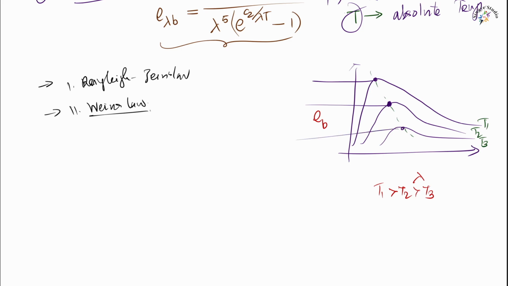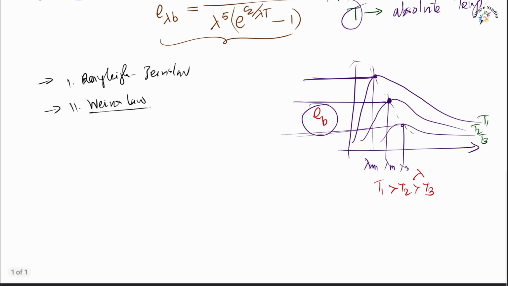What he got is that the maximum value of the emissive power happens at different values of lambda. At high temperature, lambda max 1 is less than lambda max 2, which is less than lambda max 3. So E_b max at each temperature depends on the temperature as well as the wavelength.